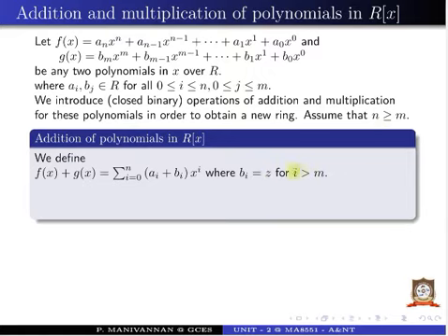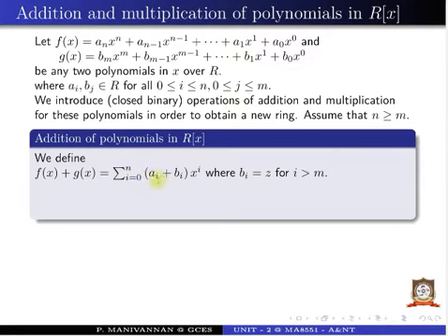Up to m, its value is bm. Above m, its value is the additive identity, called 0. So we use bi equal to 0.